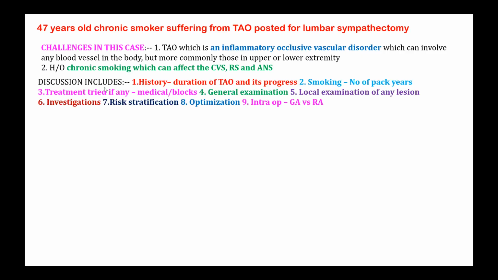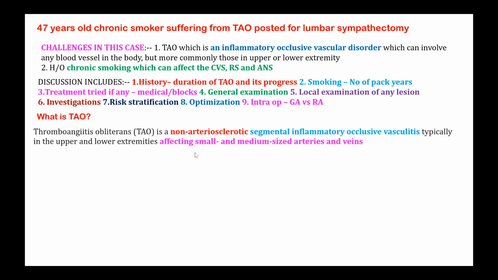The discussion should include history, duration of TAO and its progress, smoking history, number of pack years, treatment tried if any, like medical treatment, general examination of the patient, plus local examination of any lesion, investigation, risk stratification, optimization, intra-op management, GA versus RA. So these are the series of discussions that we have to take.